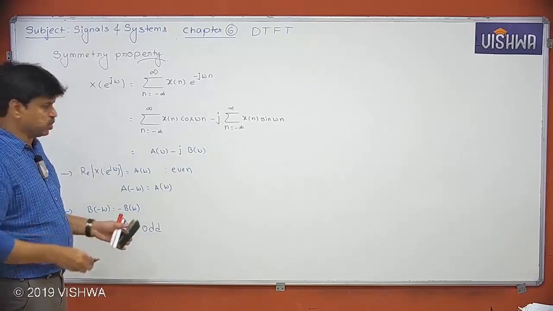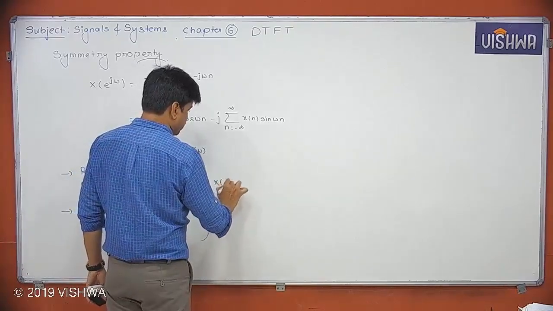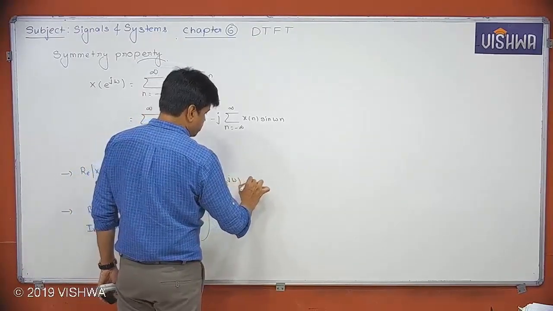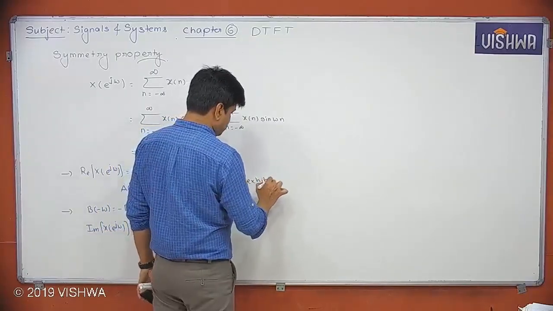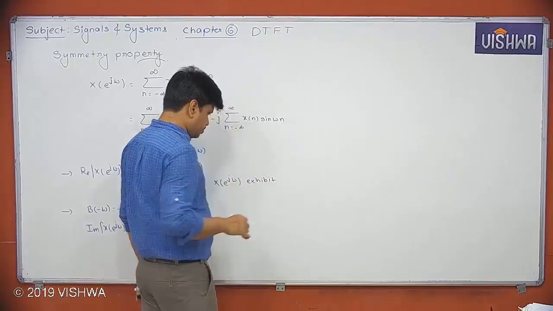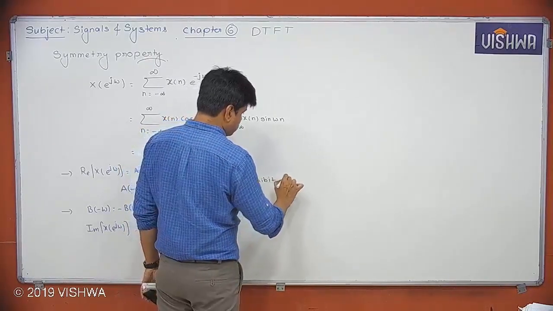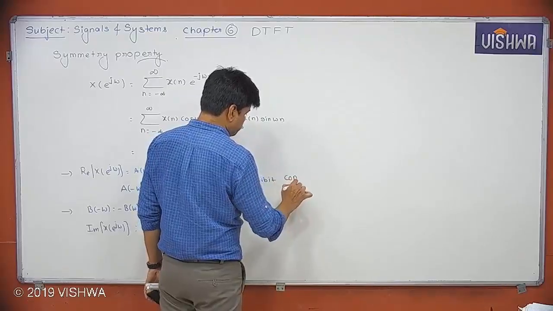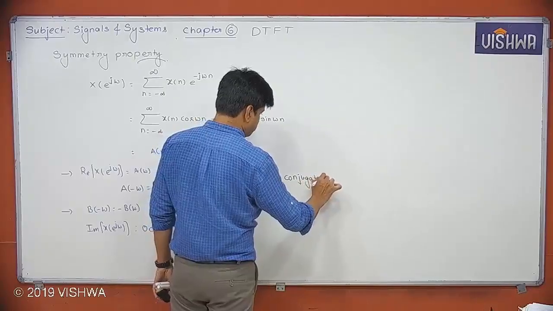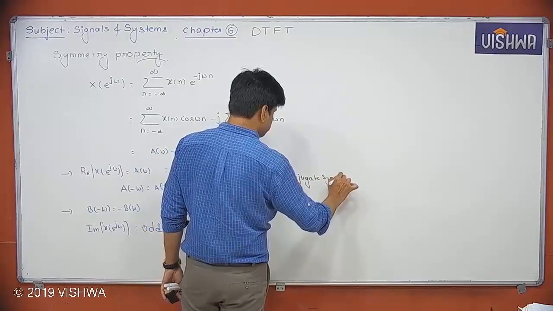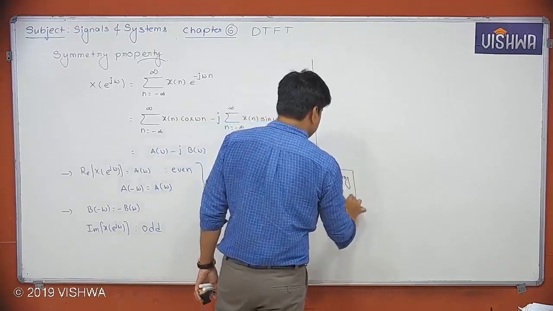So I can say X of e power j omega exhibits conjugate symmetry.